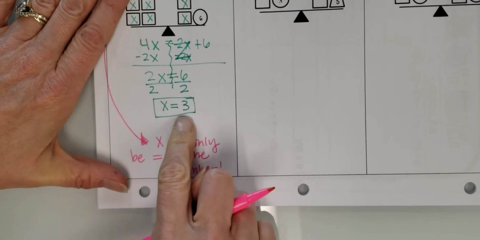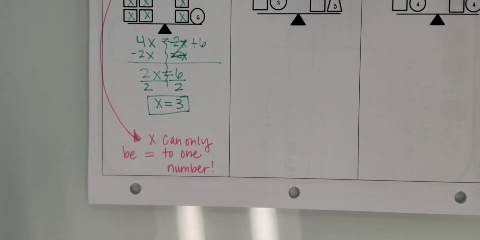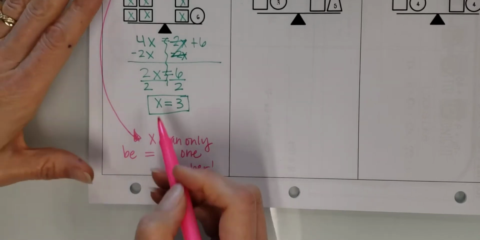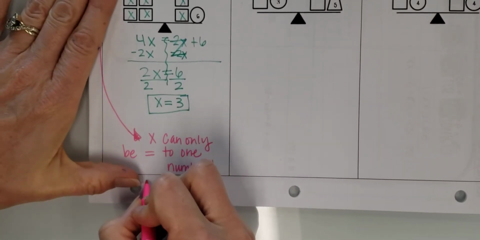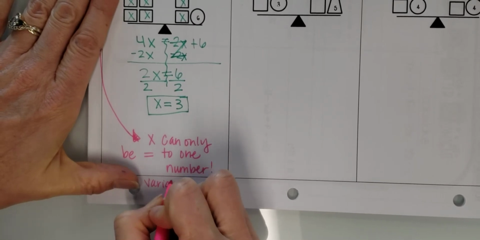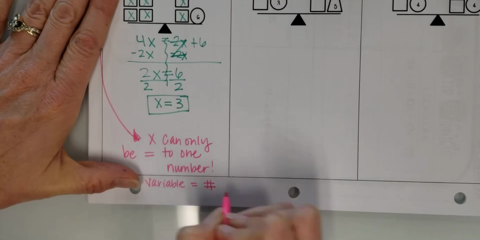In this case, it can only be equal to 3. In all the notes and all the practice we've been doing up till this point, it's always been equal to one number. X equals 7, x equals a third, x equals -5, something like that. So you would get something that looks like this: a variable equals some number.